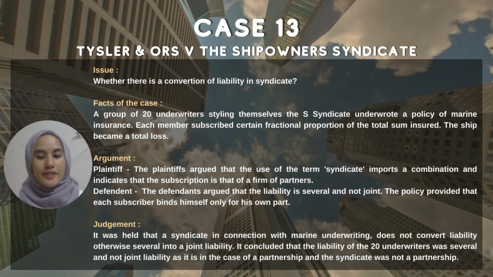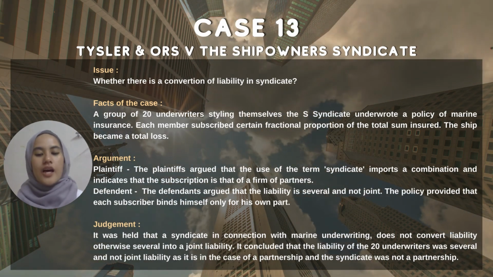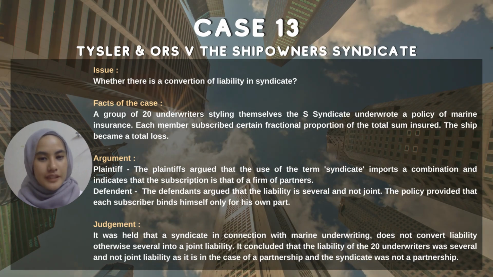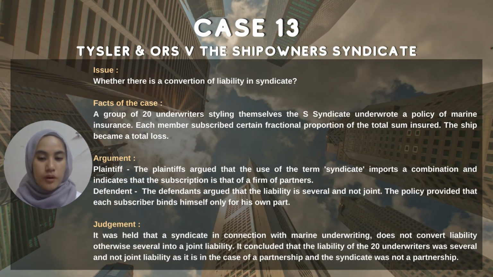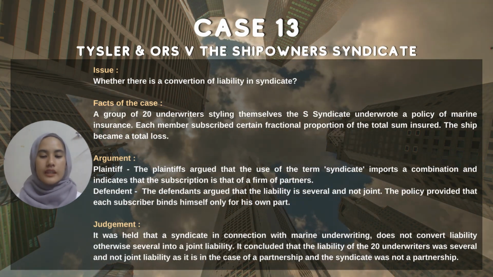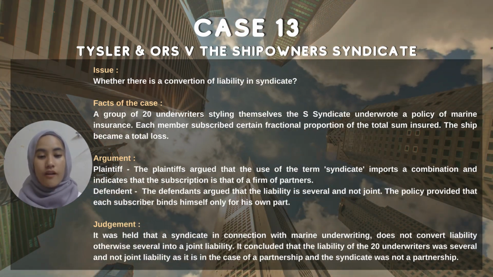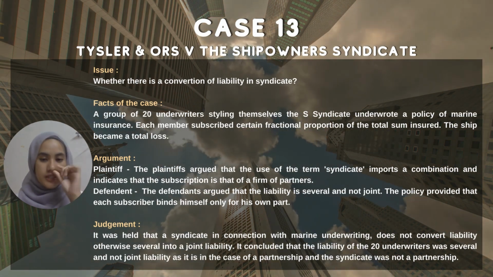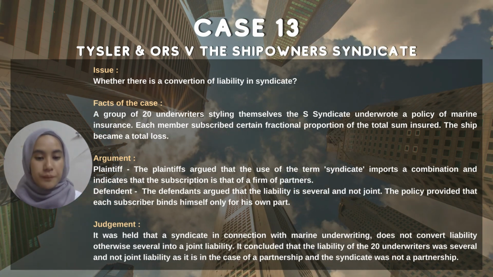Let's look at the case of Tysler and others and the ship owners syndicate. The issue here is whether there is a conversion of liability in syndicate. The fact is a group of 20 underwriters styling themselves as the syndicate, and they underwrote a policy of marine insurance. Then each member subscribed a certain fractional proportion of the total sum insured.